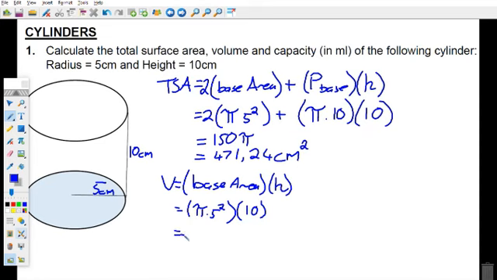Yes. So what's it going to be there? I'm going to get 250 pi. Okay, which is what?